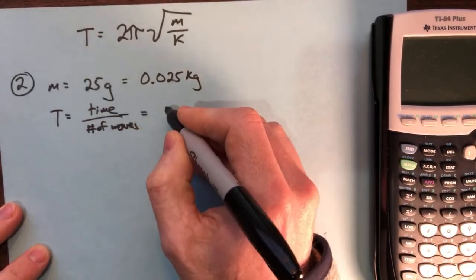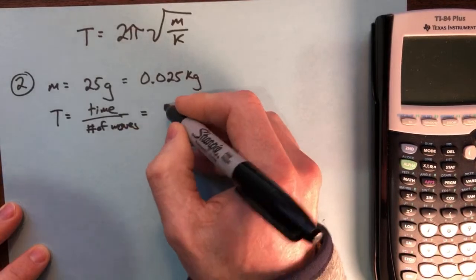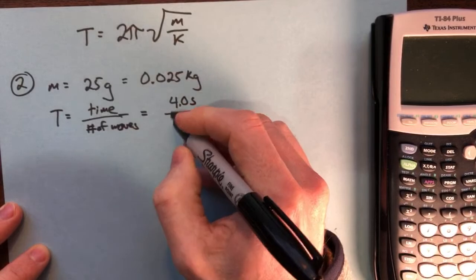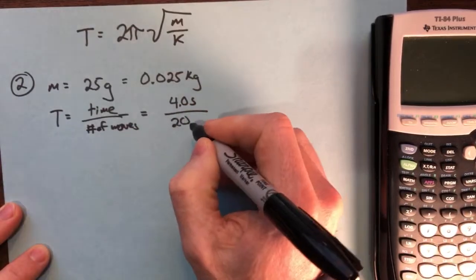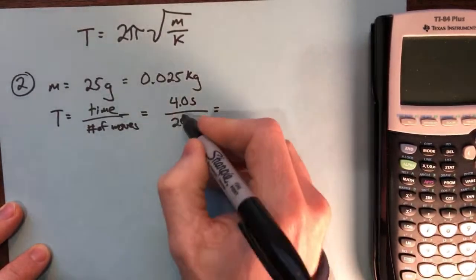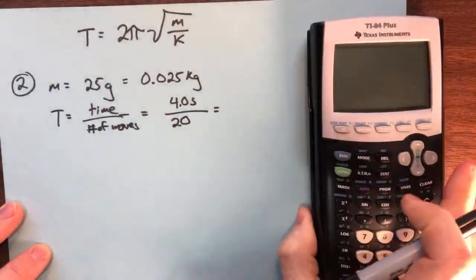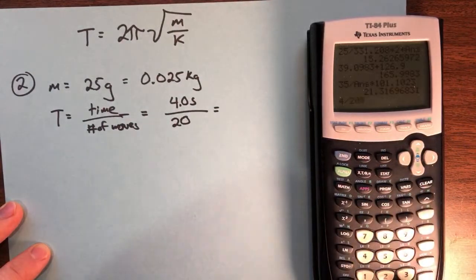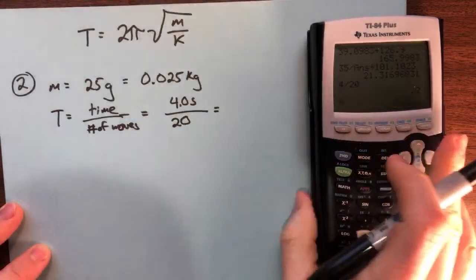We have 4 seconds and a total of 20 complete cycles. So 4 divided by 20, or you can do that in your calculator if you want, 4 divided by 20, and that's going to get us a period of 0.2.